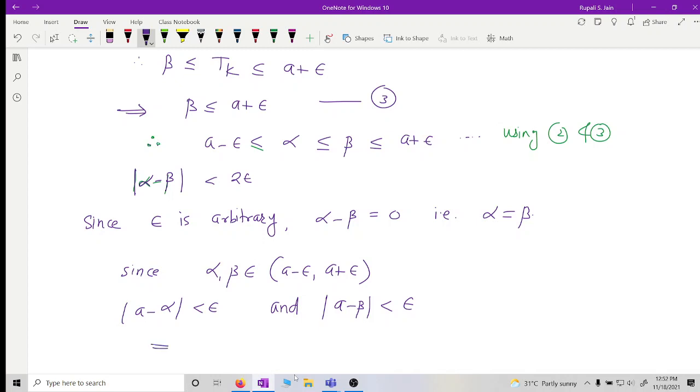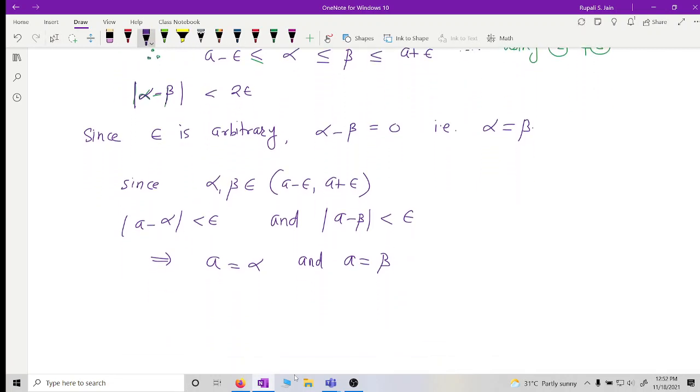So this implies A is equal to alpha and A is equal to beta. So this gives me alpha is equal to beta is equal to A. That is limsup is equal to liminf is equal to limit.